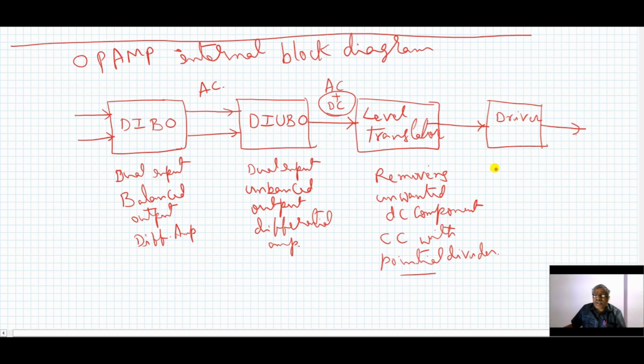The second terminal is ground. All the outputs are with respect to ground except for the first one. This is also called a power amplifier stage, output stage. So many names are there: power stage, driver stage. At the end, we connect the load. This is the internal block diagram of the operational amplifier.